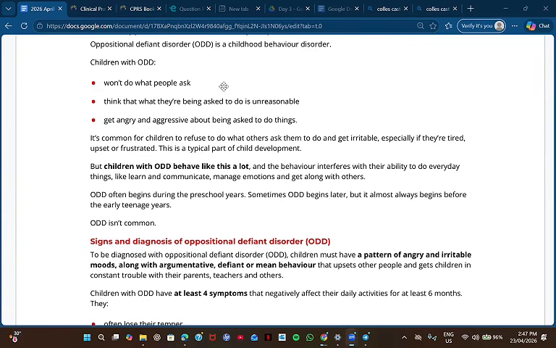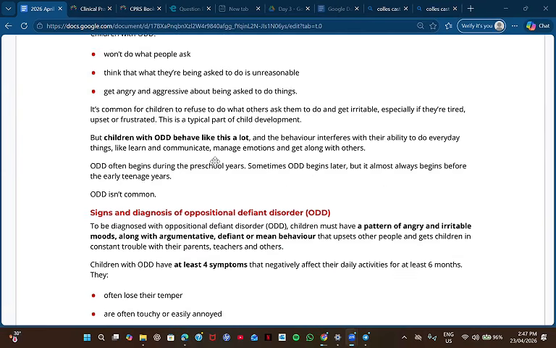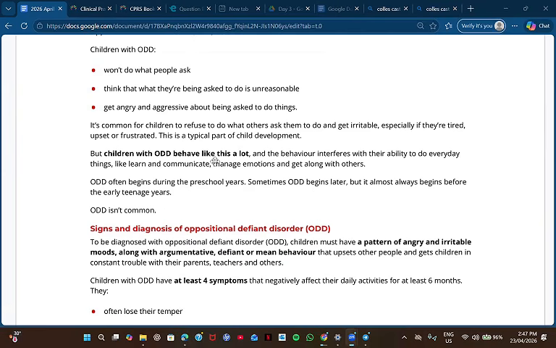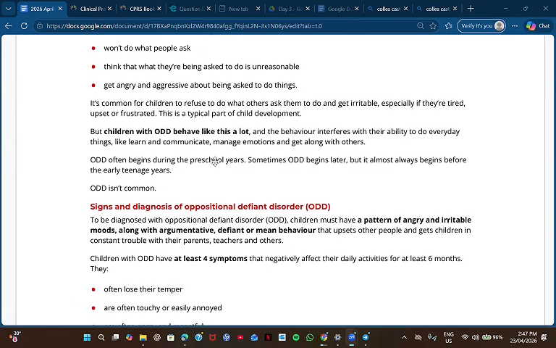They don't want to listen to others' orders. They think it's not appropriate to do what others ask, and they are always irritable and aggressive once someone asks them to do something, right?